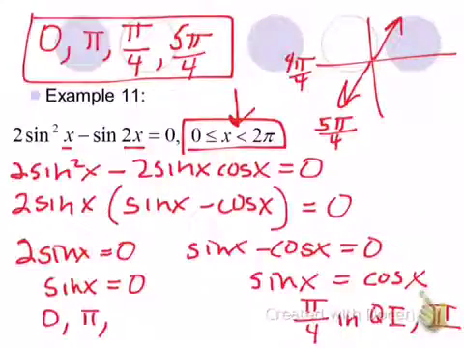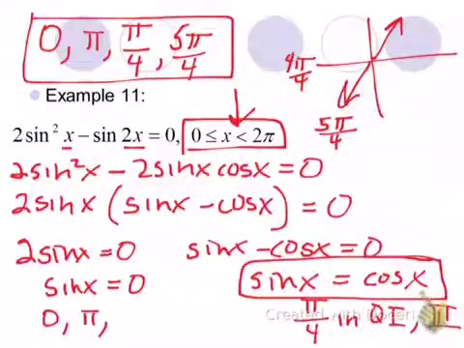So if you were to come up with a solution that said sine x equals the opposite of the cosine x, sine equals negative cosine x, that's quadrant 2 and quadrant 4. So you have to be mindful of this one. It's a little more challenging because it doesn't give us a numeric value. It forces us to know where the sine of x is equal to the cosine of x. And if you look at your unit circle, that's quadrant 1 and quadrant 3.